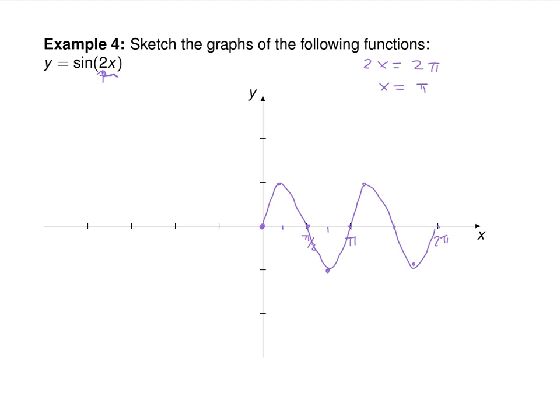This number is a 2. That is not a coincidence. If I gave you, for example, sine of 7x, sine would oscillate 7 times between 0 and 2 pi. So that number is how many cycles in 2 pi. That is always true. So if you see sine of 3x, you should go through 3 full cycles in 2 pi.